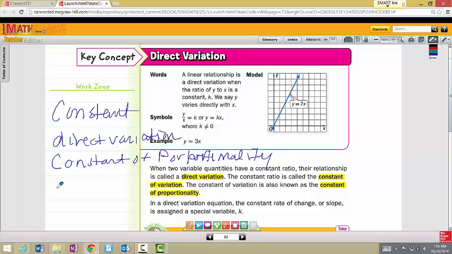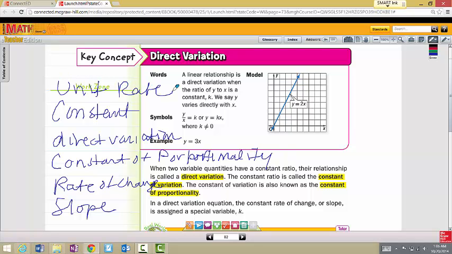We had rate of change and slope, and really unit rate as well. They all mean exactly the same thing, okay?